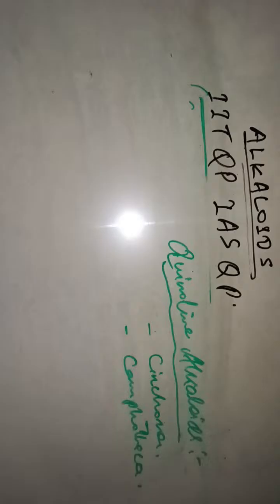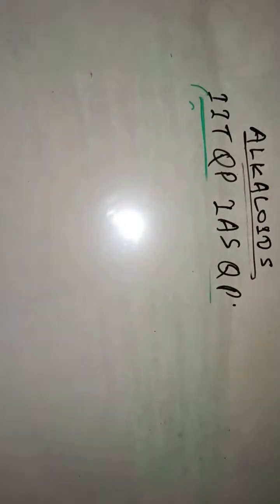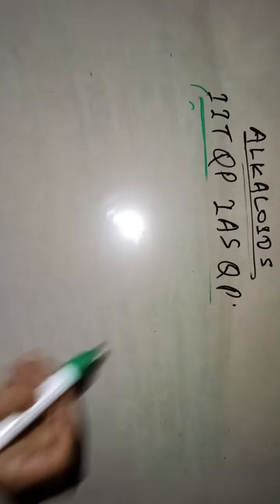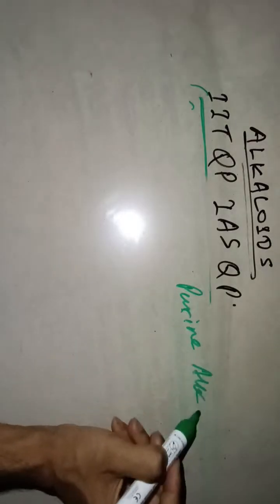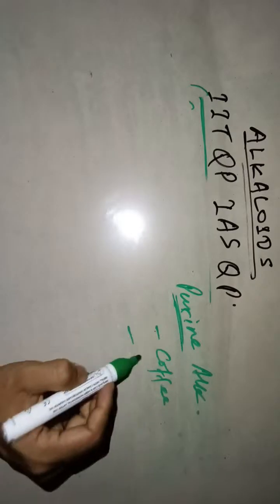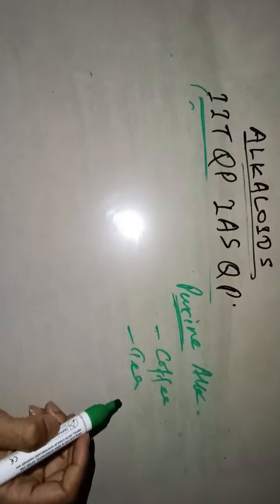Next, purine alkaloids. Purine alkaloids include what people normally take after eating puri: tea and coffee. Purine alkaloids, P-U-R-I-N-E, cause urination. Examples are coffee, tea, and cola.